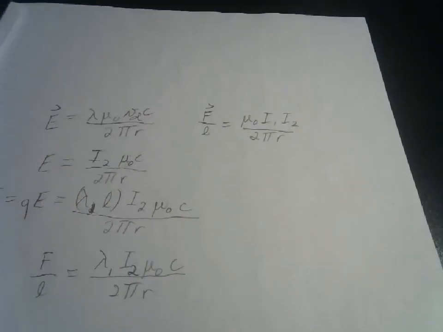Good. And then it looks like we're off by a factor of v sub d over c. If we could find a reason to multiply by v sub d over c, we'd be there.